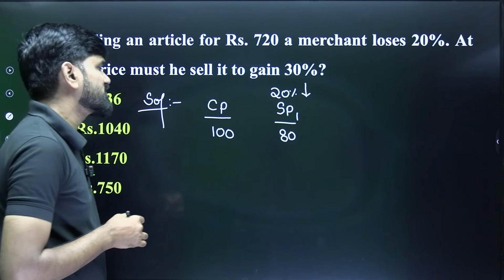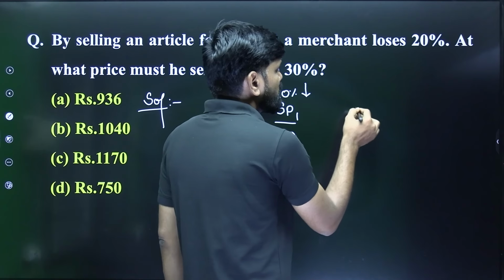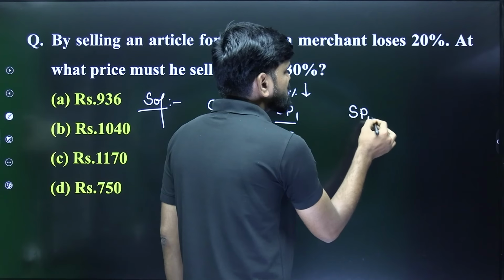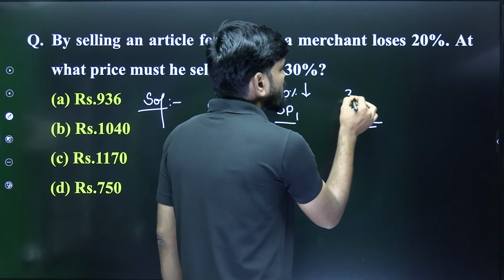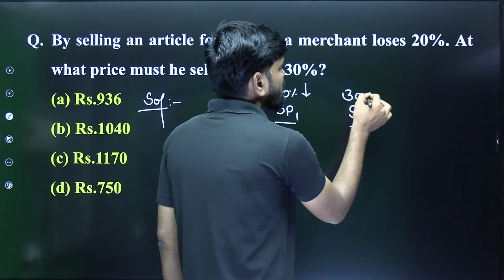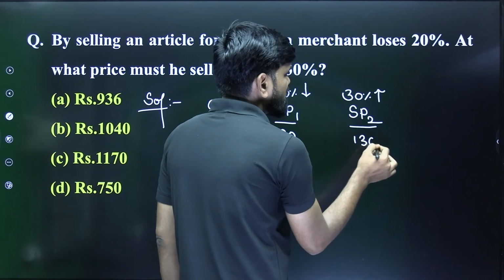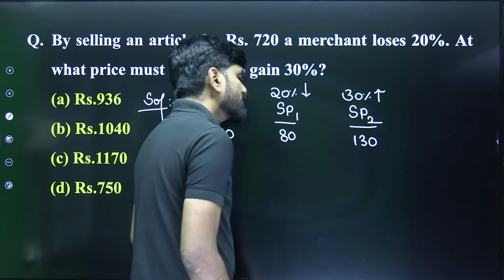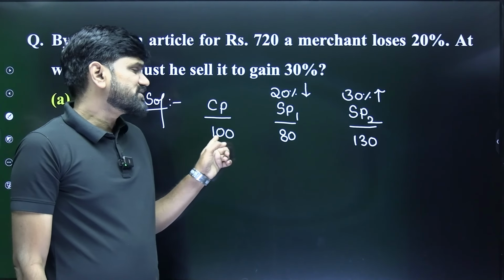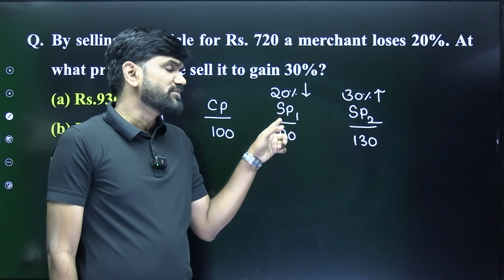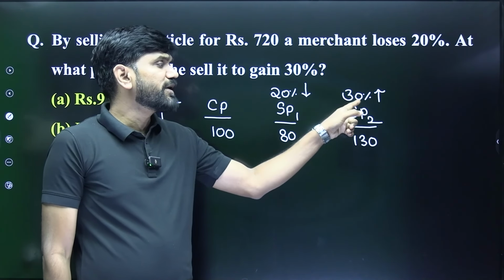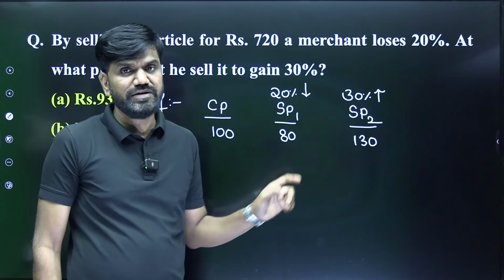At what price must he sell to gain 30%? A 30% gain means the selling price corresponds to 130. If the cost price is 100, to lose 20% the selling price is 80, and to gain 30% the selling price is 130.